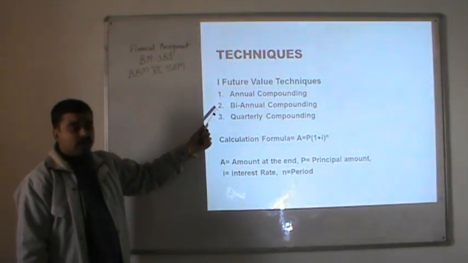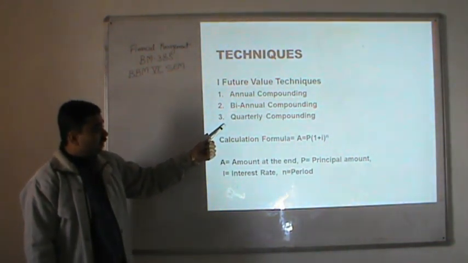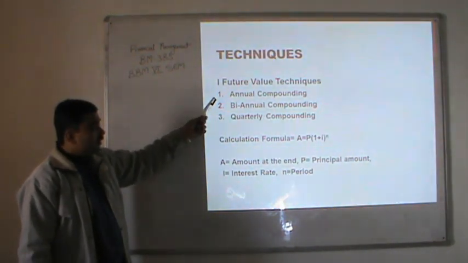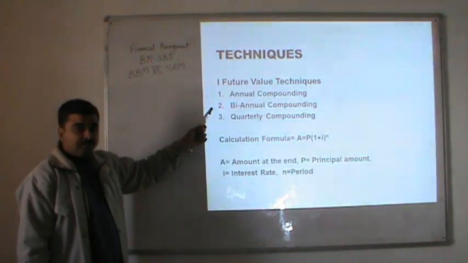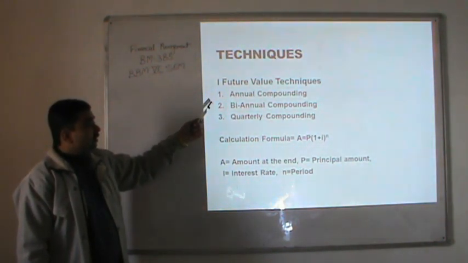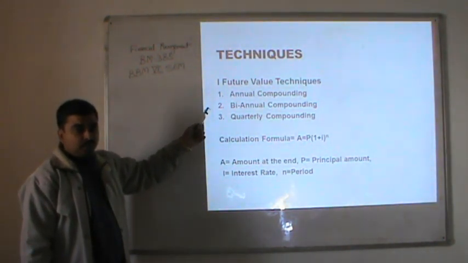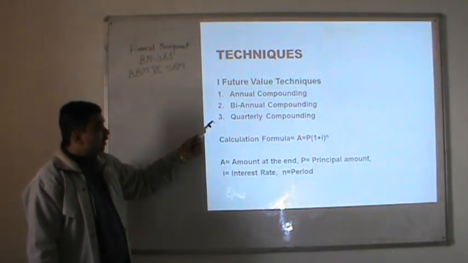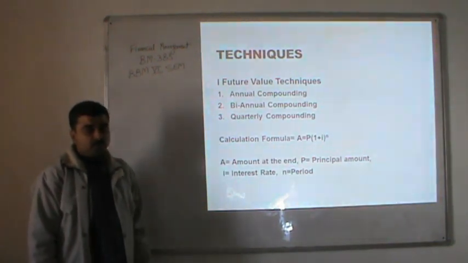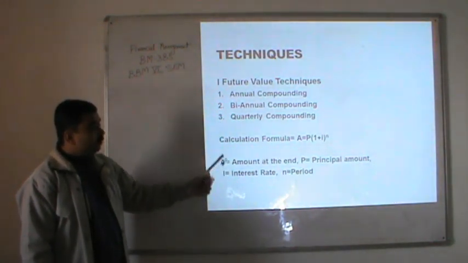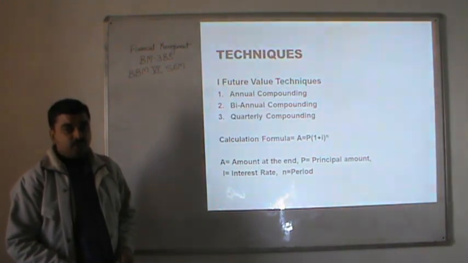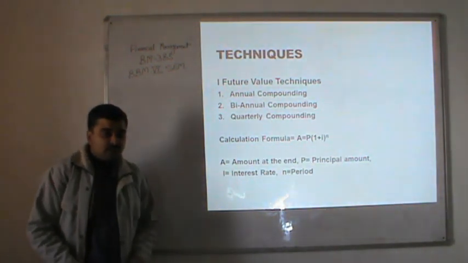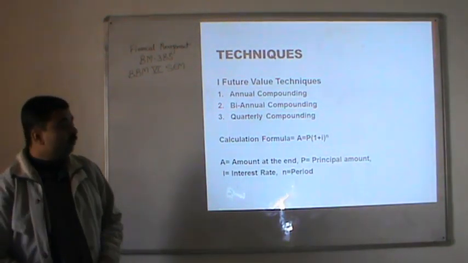Similarly, in biannual, interest will be added 2 times, and in quarterly, 4 times. When we calculate biannual compounding, we divide the interest rate by 2 and multiply the time period by 2. Similarly, in quarterly compounding, we multiply the time period by 4 and divide the interest rate by 4, so that we can calculate the compound value.